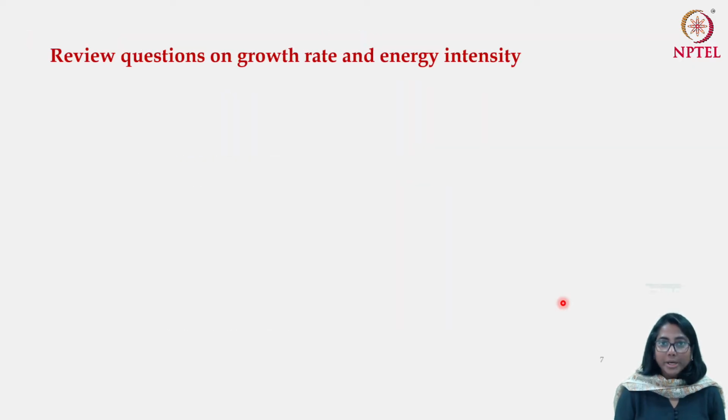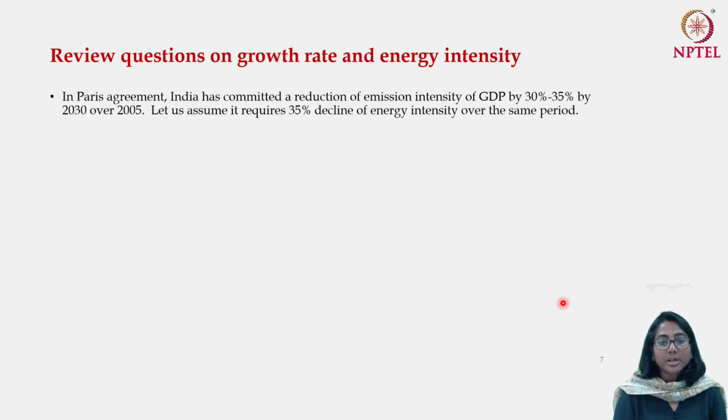There are a few quick questions on growth rate and energy intensity combined together. This is the scenario we are talking about. In the Paris Agreement, India has committed to a reduction of the emission intensity of GDP. Notice, this is not the energy intensity but the emission intensity of GDP, by 30 to 35% by 2030 over 2005.